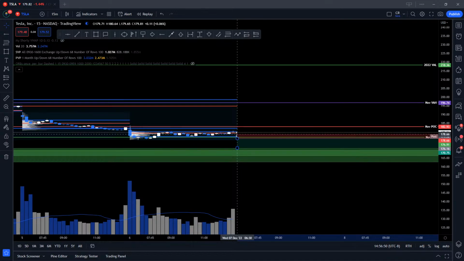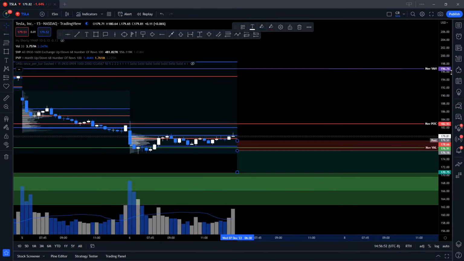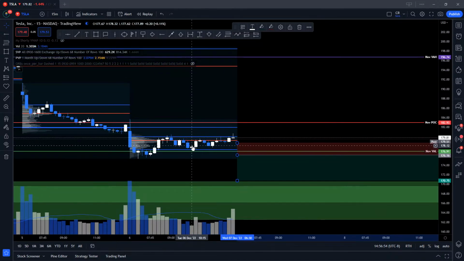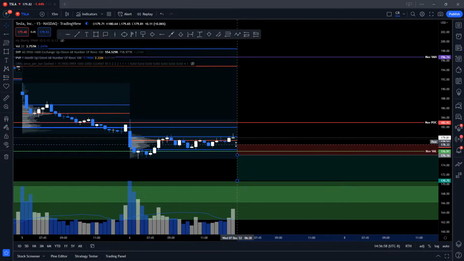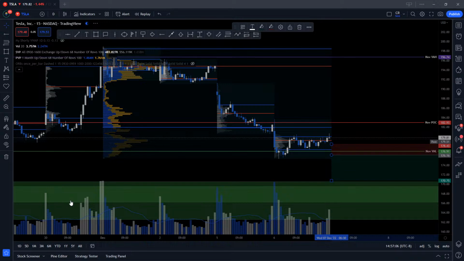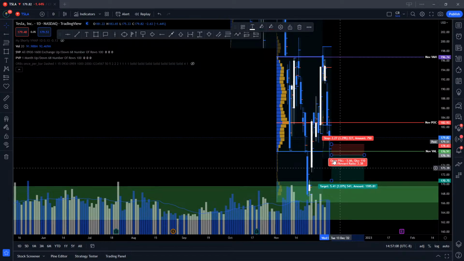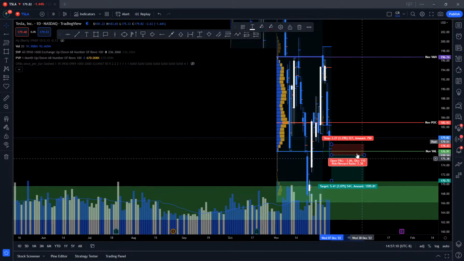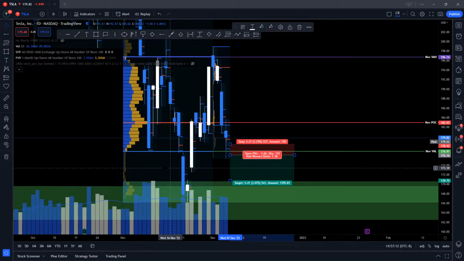See this candle here, this wick here. I would use that wick as my stop, just slightly above it. And then I need to go on to a higher time frame. And there we go. We've got our 2-to-1 or 1-to-2 risk to reward on the trade.